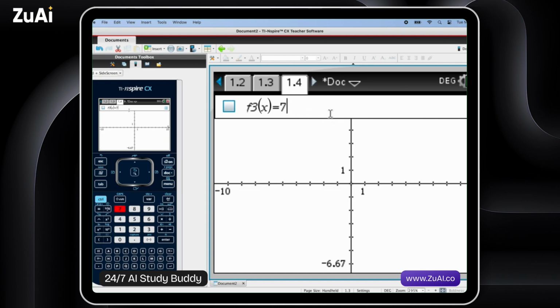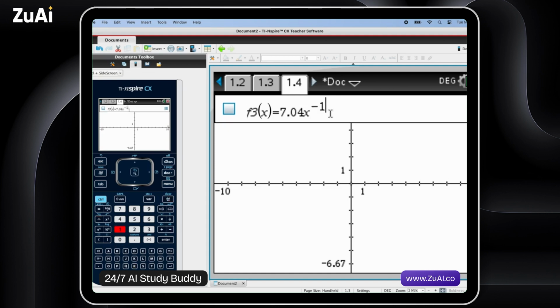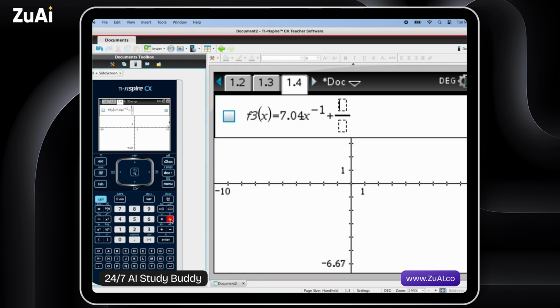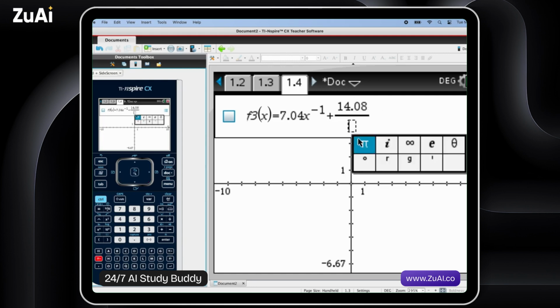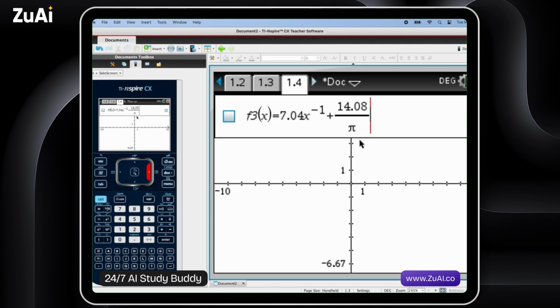So we have 7.04 r, actually, sorry, we're going to need x to the -1 plus, set up a fraction, 14.08 over pi, and then this is again going to be multiplied by x to the -1, and then the problem here is we don't know what p is.